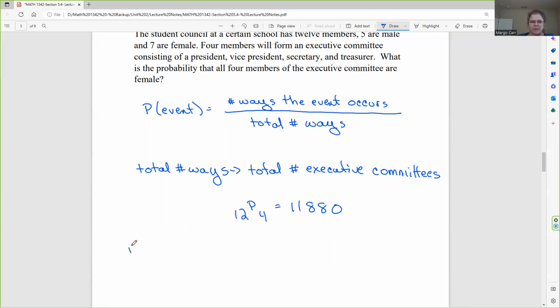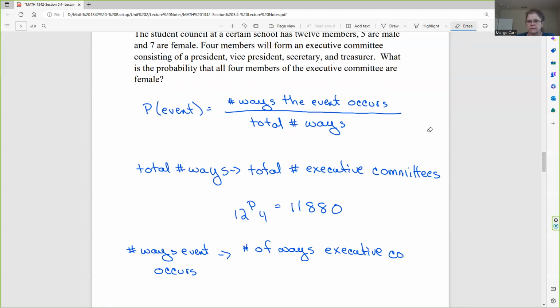The number of ways the event occurs are the number of ways executive committees, let's see again with the spelling, all female.